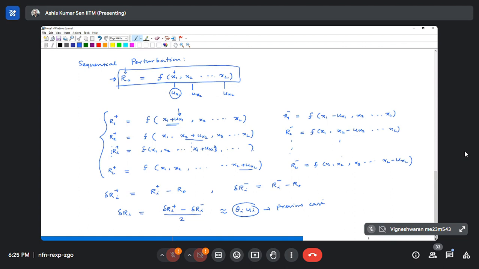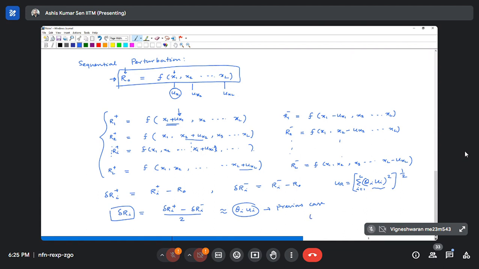Now in the previous case, how did we find the uncertainty in R? We said the sum of theta i Ui squared, i equal to 1 to L, to the power half, right? This time we would take this as delta Ri.